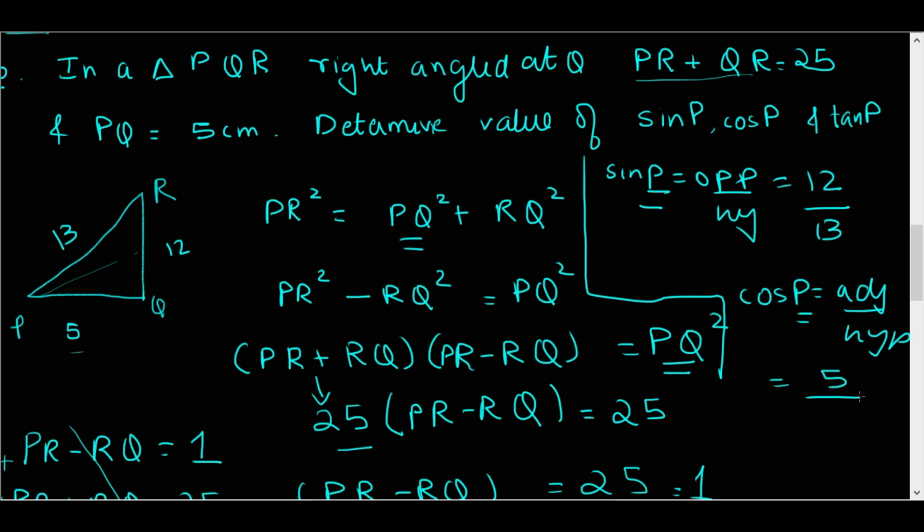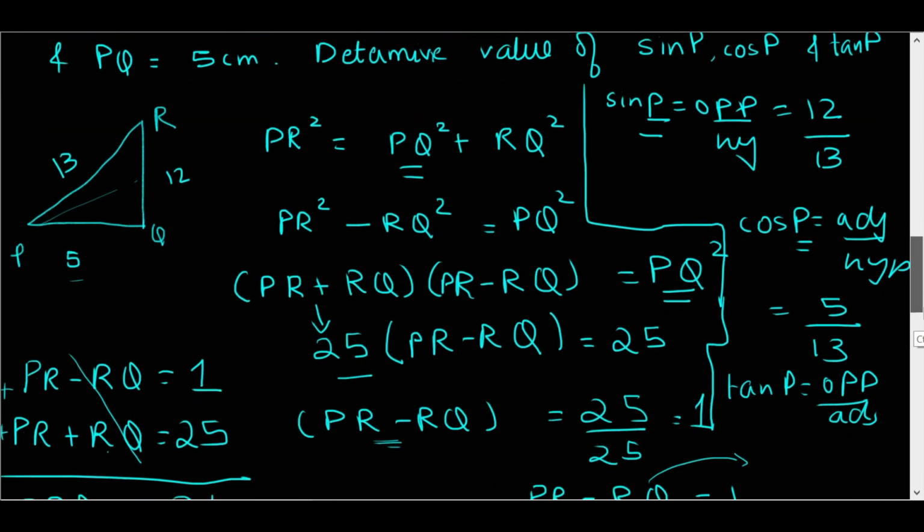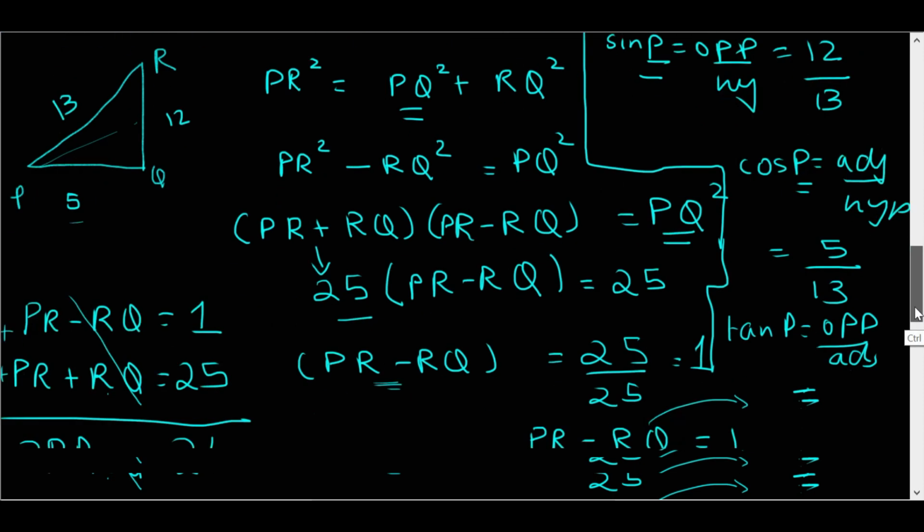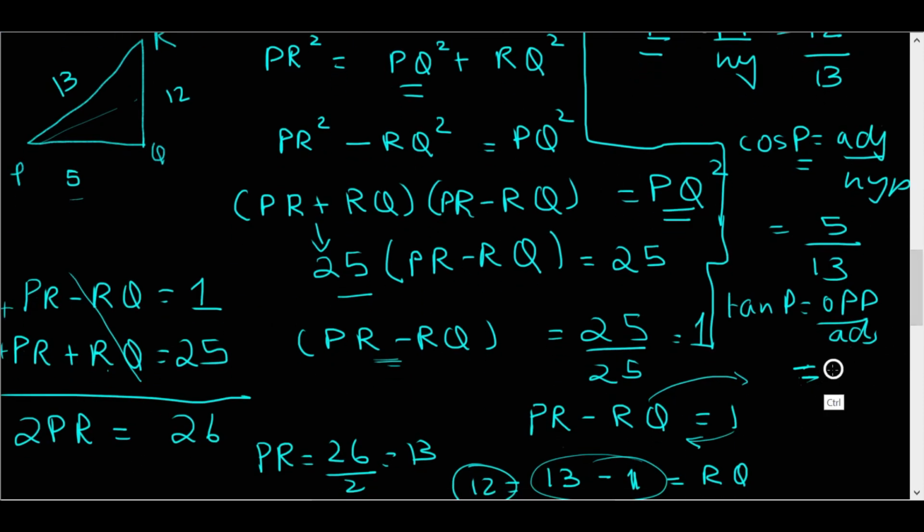So that would be 5 and the hypotenuse is 13. Tan P is opposite by adjacent with respect to P. Opposite to P is 12, so this would be 12 by 5.